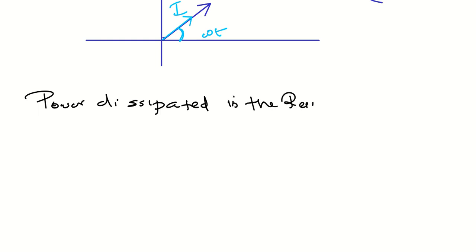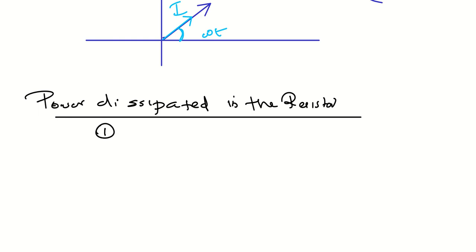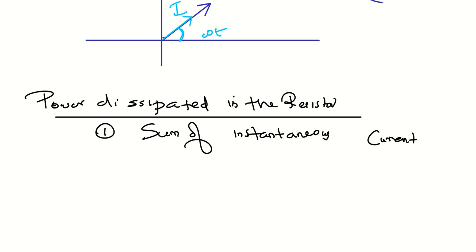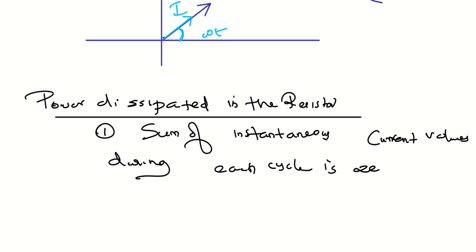We know that the AC current varies sinusoidally and has corresponding positive and negative values during each cycle, so the sum of instantaneous current values over one complete cycle is 0.